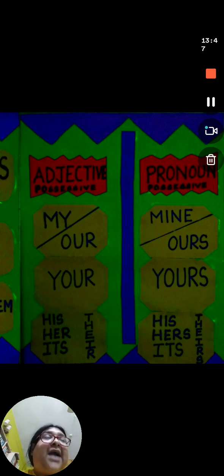The red bag is his, and his bag is red. So, the usage may be sounding the same, but the position will decide whether the word is a pronoun or an adjective.